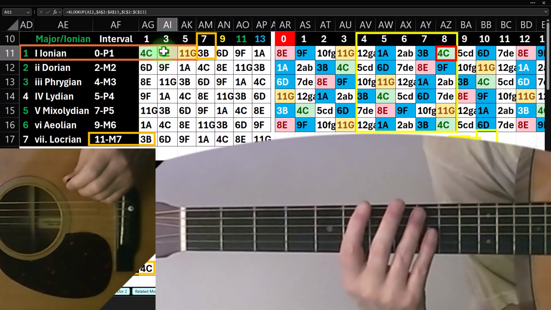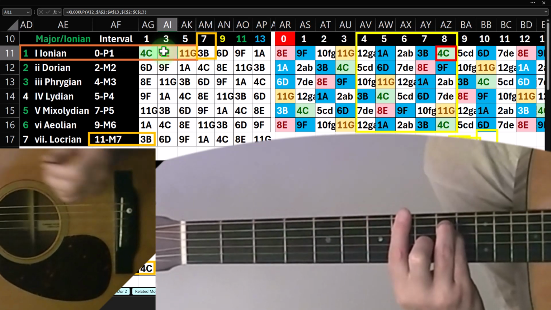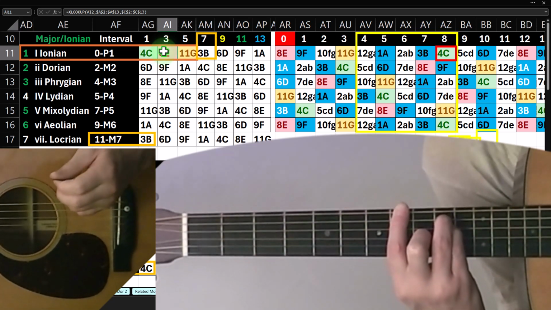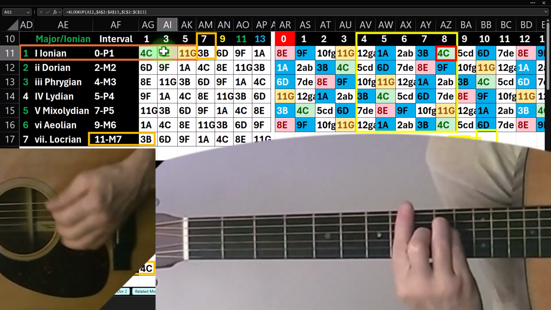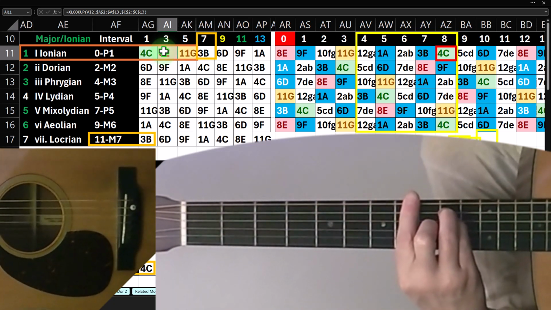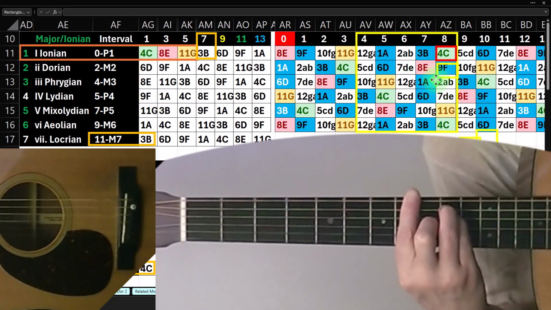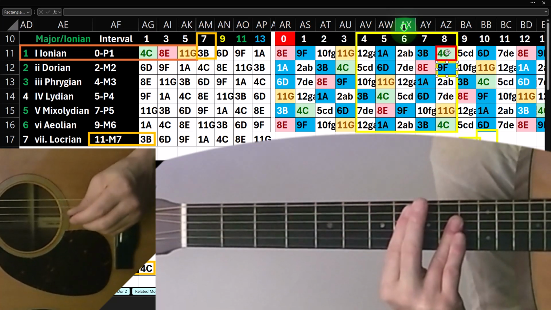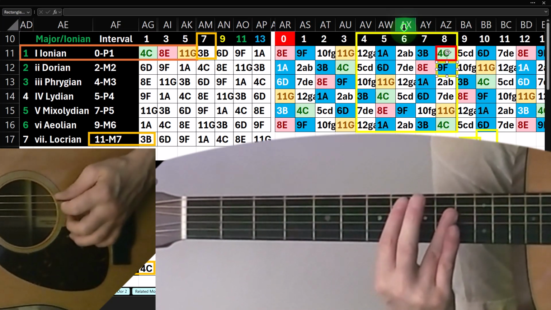So if I was on the C up here, I can use an E-shaped bar chord. That would be like an E major up here. And then if I go underneath it, then I have an F. So the F is going to be right underneath it for the 4, and I can use an A-shaped, A major shaped bar chord, which is like that A that we can put up here, right?